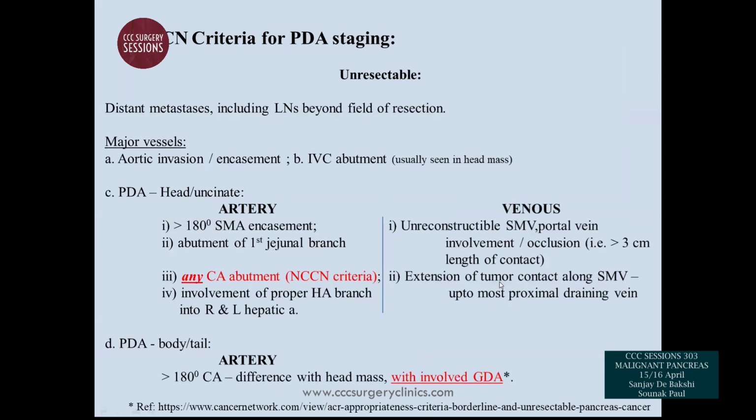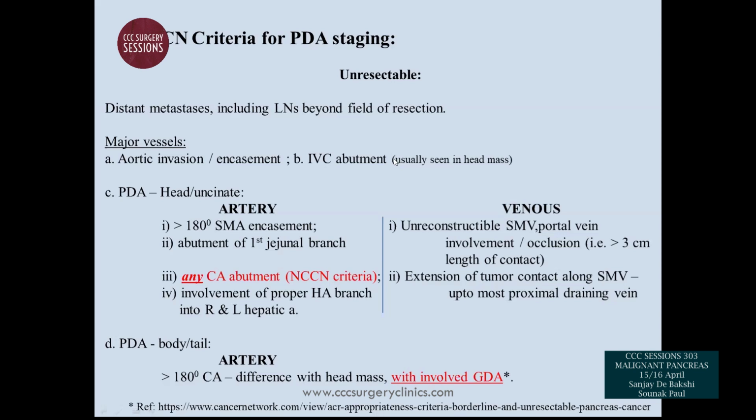Coming to the reasonably easier topic, the unresectable disease. Any distant metastasis and lymph nodes beyond the field of resection are unresectable. When we need to evaluate unresectability as a part of vascular evaluation, we have to divide it by whether the tumor is in the head and uncinate or in the body and tail of the pancreas.